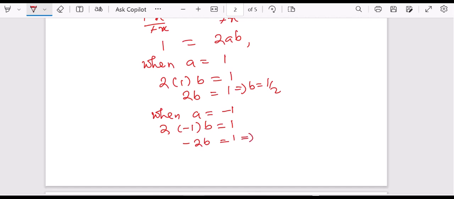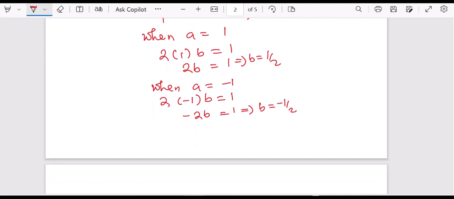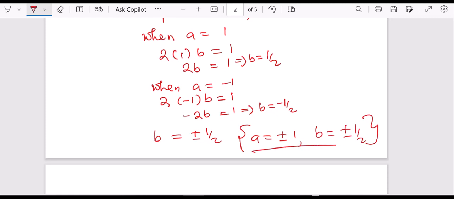This implies that b is equal to negative 1 over 2. So the values of b are 2, so b is equal to plus or minus 1 over 2. And so we can just write it as a set: a is equal to plus or minus 1 and b is equal to plus or minus half, and this is our solution.